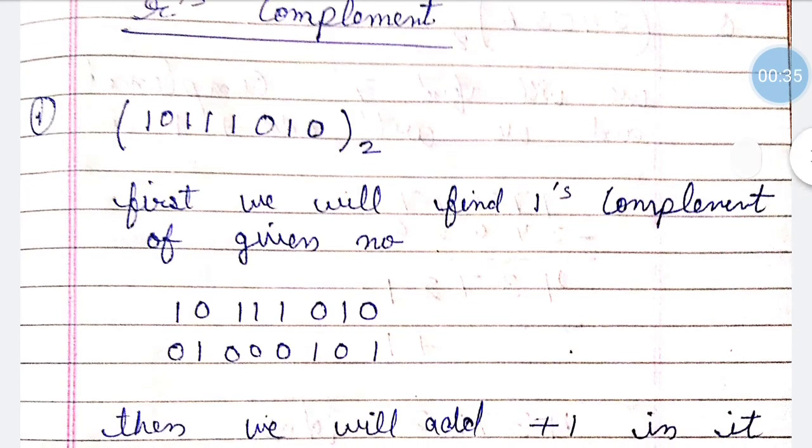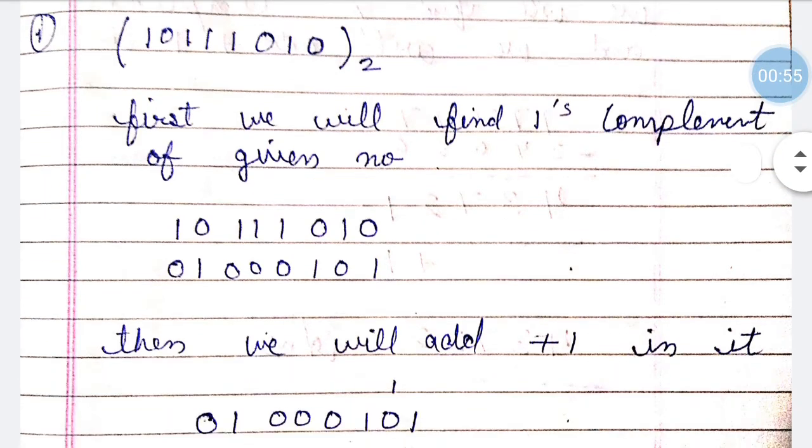So we will find the 1's complement of the binary number, and then we will add 1 to it. To find the 1's complement of a binary number, we will replace all the zeros with 1 and all the 1s with 0.